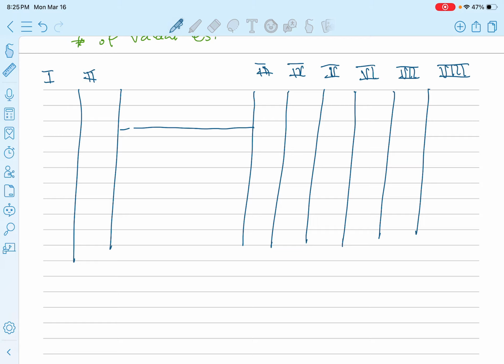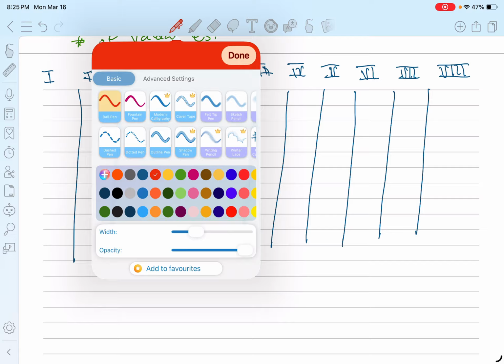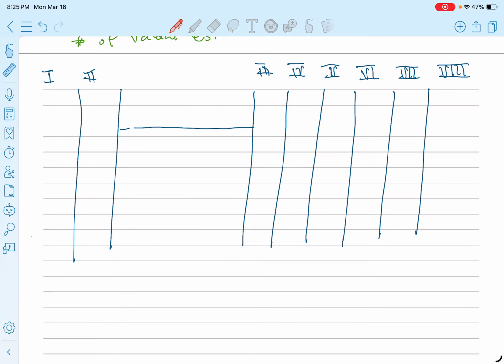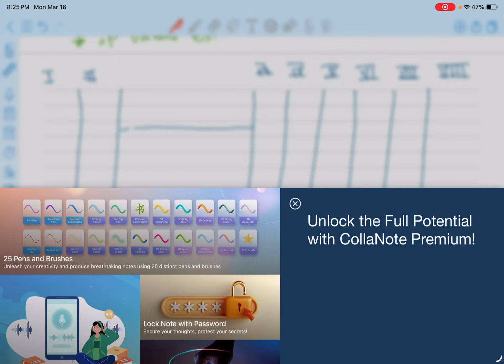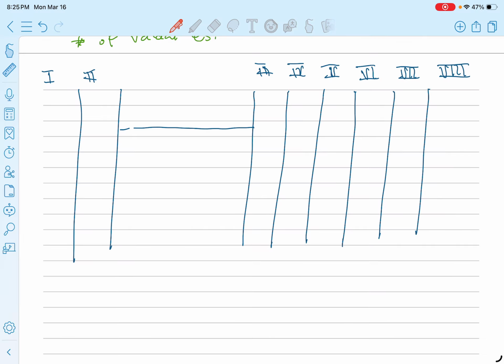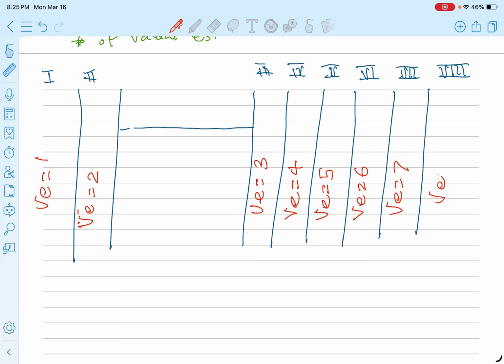So for group 1, we reach the conclusion that all elements in group 1 have valence electron 1, group 2 valence electrons 2, right? Valence electrons 3, 4, 6, 7, and 8.